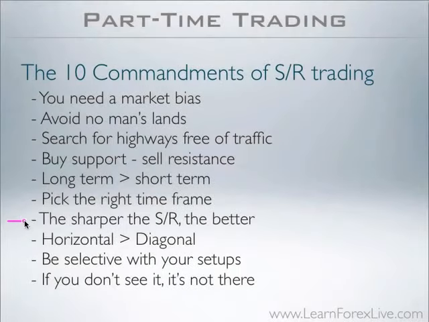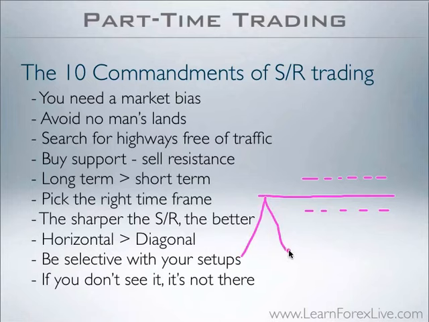Okay, next one up, the sharper the level of support and resistance, the better. On a previous video, I was mentioning that sometimes those key levels of support and resistance are not actually levels, but rather areas. How is that? Because sometimes price doesn't quite always, let's assume, a triple top.